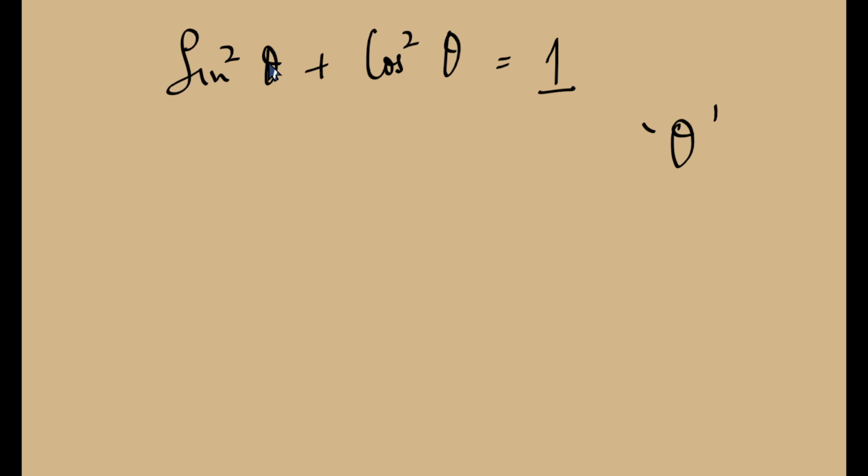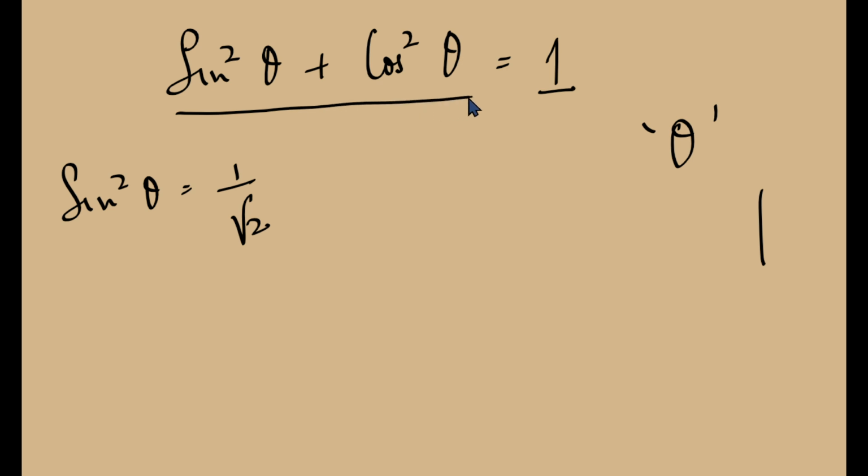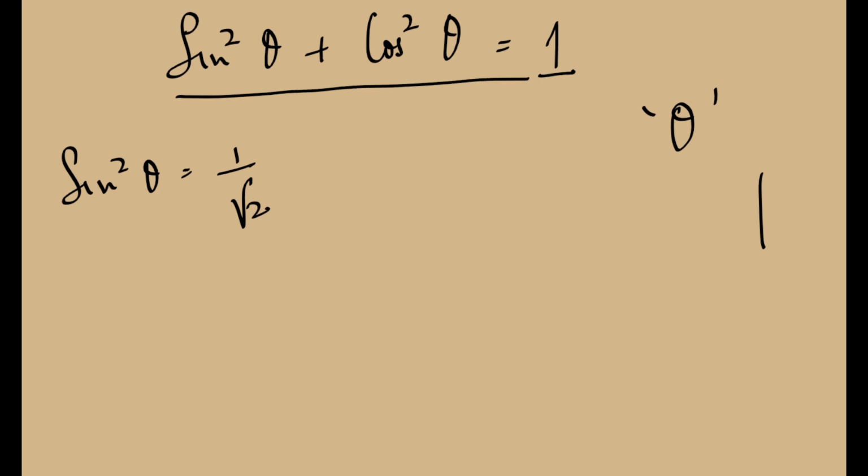Now, in the problem with which we started this video, we were given sine theta. It was 1 by root 2, and we were asked to find cos theta. Instead of drawing a triangle, finding out the length of the adjacent, etc., just using this relationship, we can find cos squared theta.